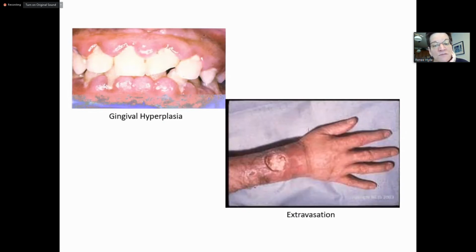So you want to make sure that you've got a very, very good IV if you're giving it IV push. Typically, I prefer an antecubital site because it dilutes the medication much more because of the very much larger vein.